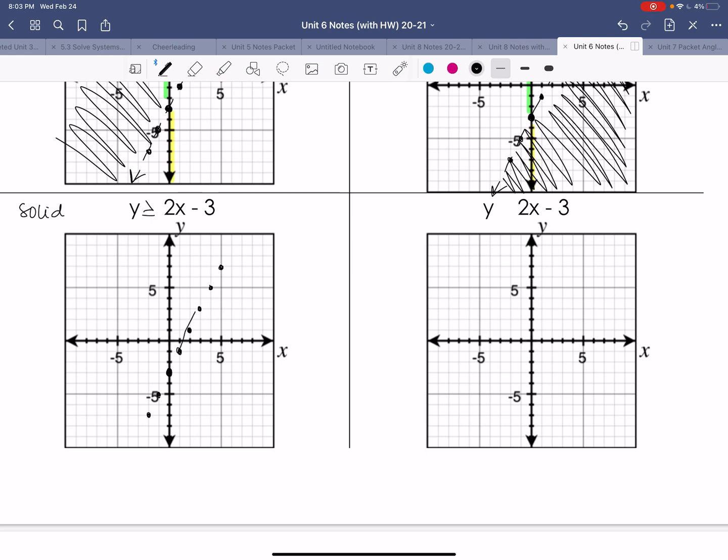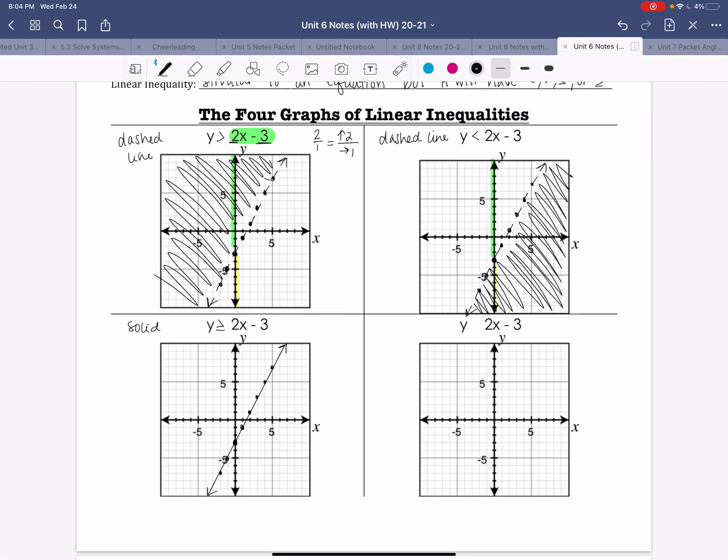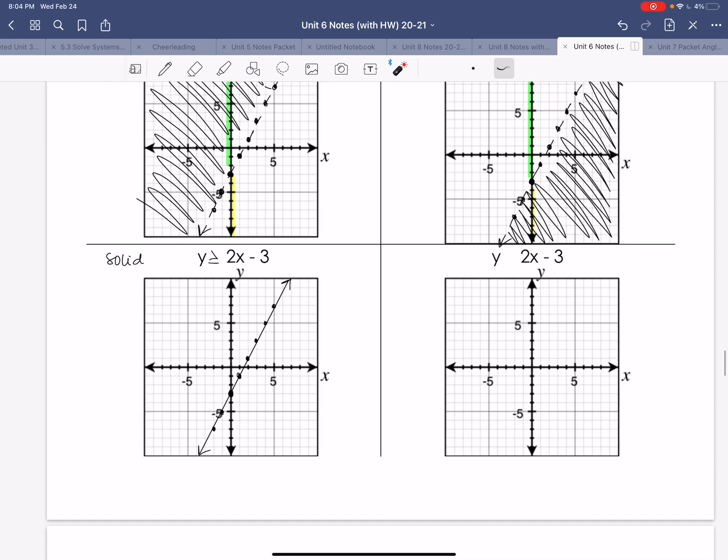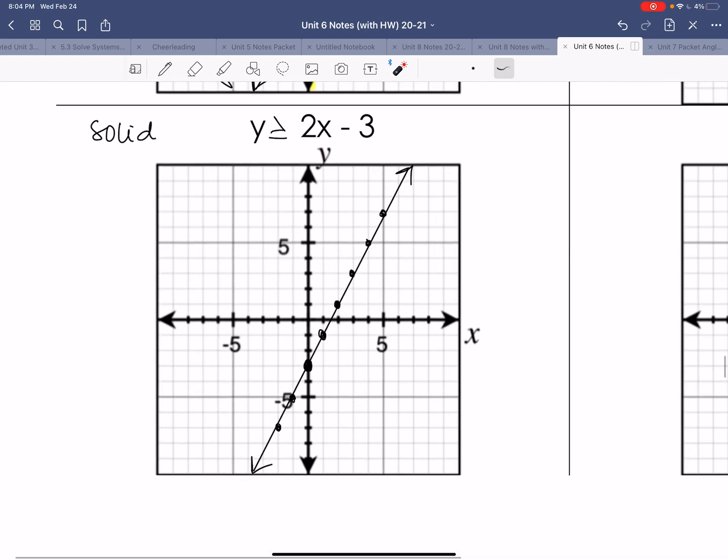We're including these points, so I want to make sure my line is solid. Just like in the last couple of sections, when I had greater than, this would be an open circle, right? That circle was not filled in. Neither is our line. Now that I have greater than or equal to, if I were graphing this on a number line, the circle would be filled in. So my line is filled in and it's going to be solid.